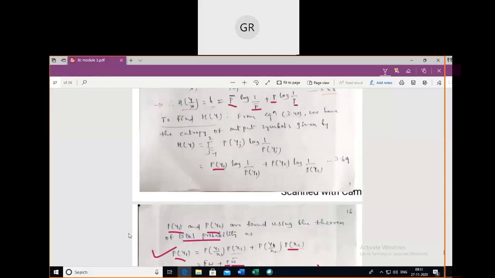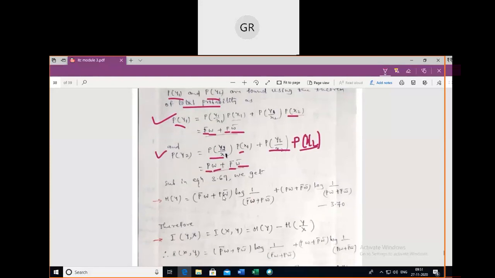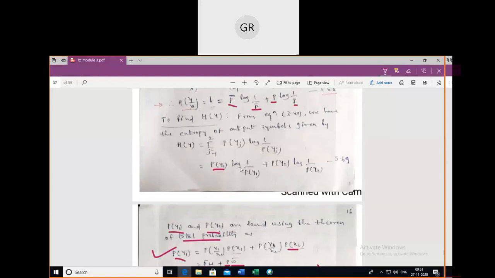Now H of y becomes, substitute P of y1 and P of y2. We already have the equations for P of y1 and P of y2 using the theorem of total probability.